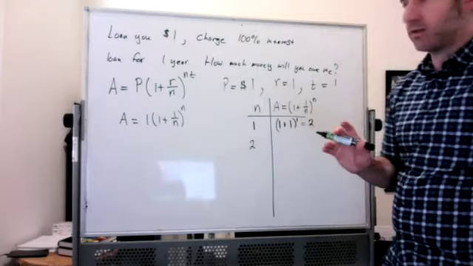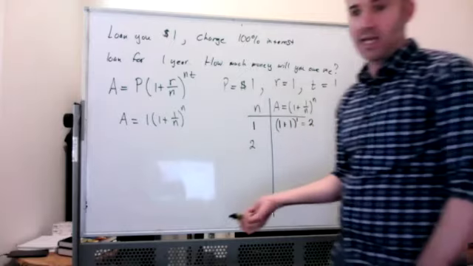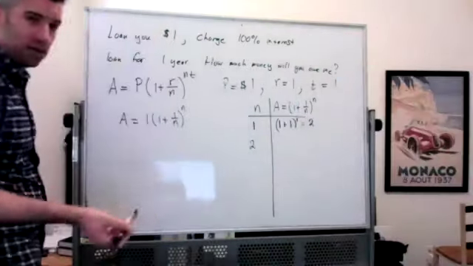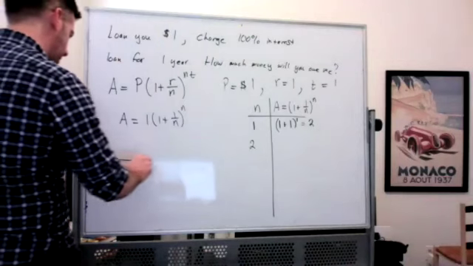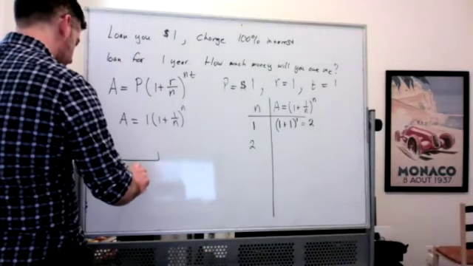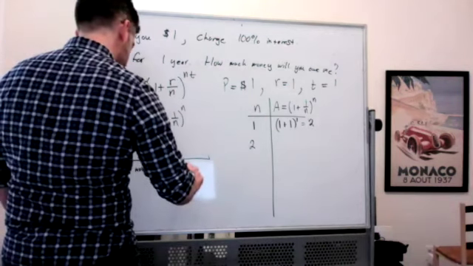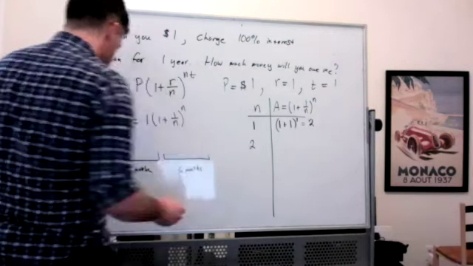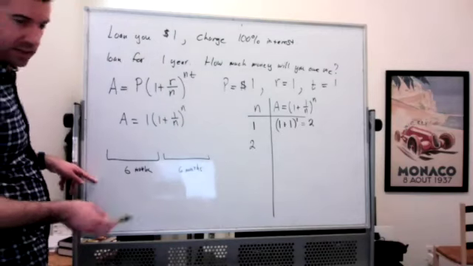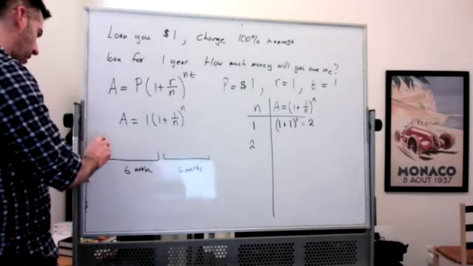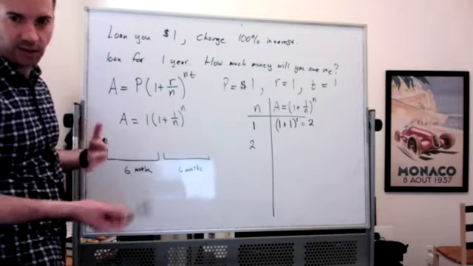Okay, let's see what happens if we compound it semi-annually, twice per year. Before we actually do this calculation, here's the idea. Here's the first 6 months, here's the second 6 months. At the beginning of the first 6 months, you just owe me the $1 back, right? But you're not paying it back because it's not the length of the loan.